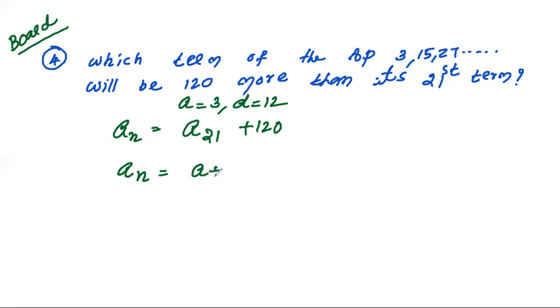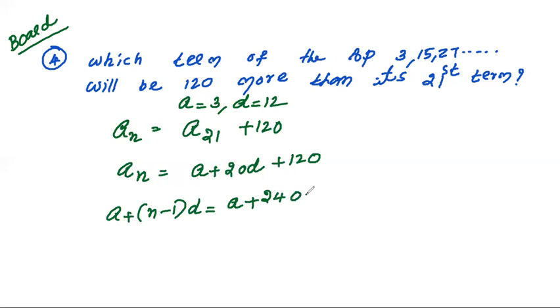What's the formula? We know that a21 is a plus 20d, plus 120. So the an formula, we know it is a plus n minus 1 into d equal to a plus 20 into 12, because 20d, right? d we know is 12. 20 into d will become 240, plus 120.